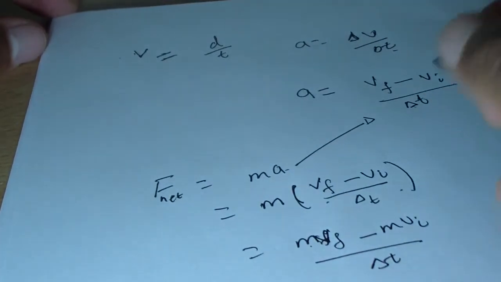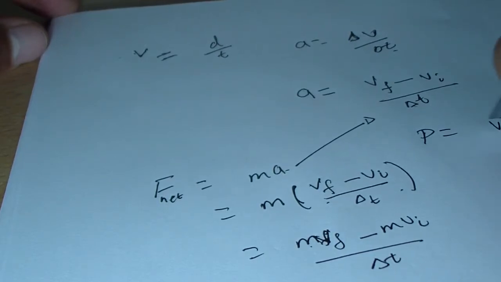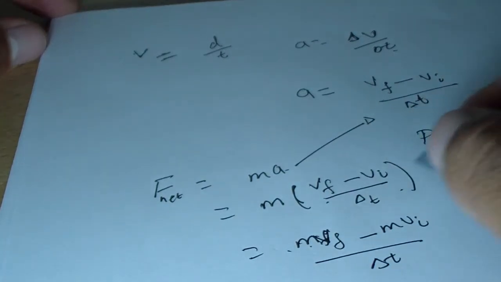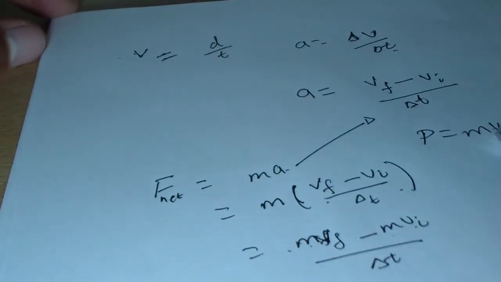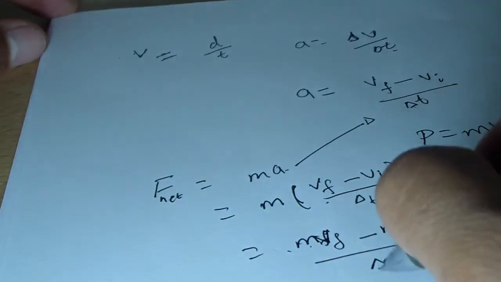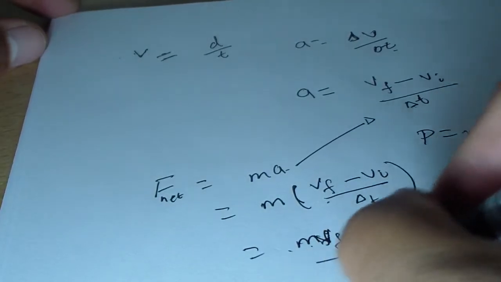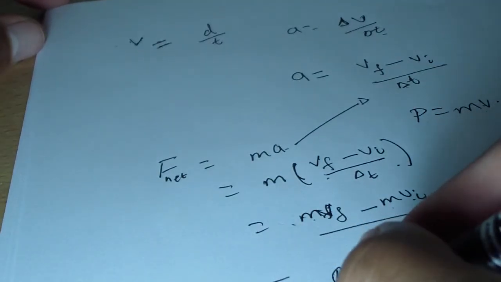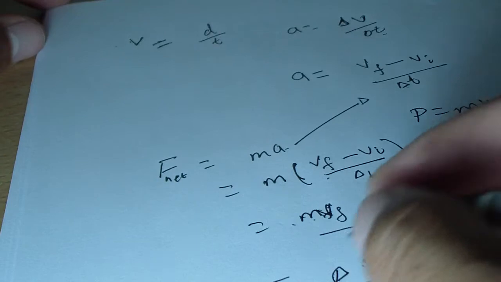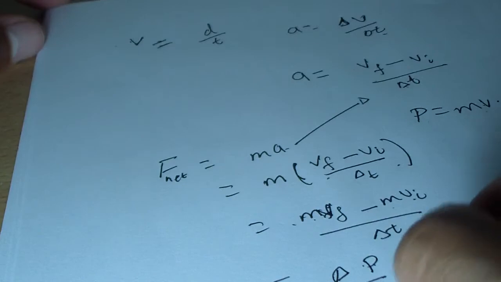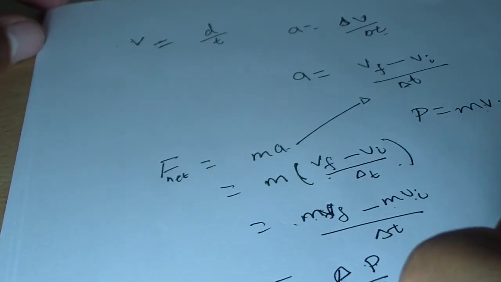But if you look closely there, we said momentum is equal to mv. What we have there is mVf, which is final, and mVi, initial, but this is mv and this is mv. So I can rewrite this as Δp on Δt, or I can rewrite this as final momentum minus initial momentum on Δt.